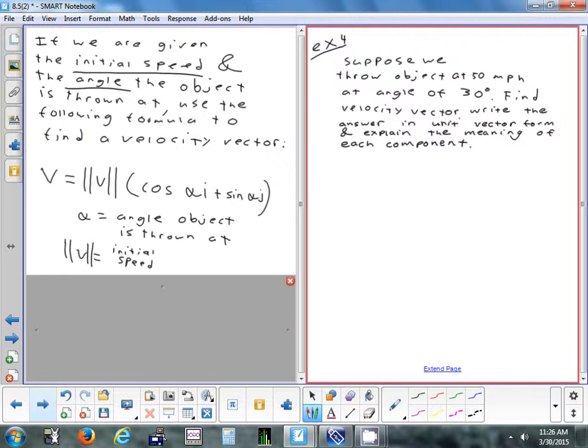Okay, so in this problem, it says, suppose you throw an object at 50 miles an hour at an angle of 30 degrees, find the velocity vector. They ask us to specifically write the answer in unit vector form, that's i and j, and explain the meaning of each component when we're done.